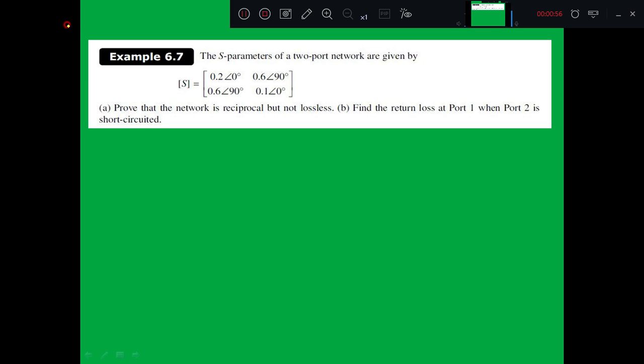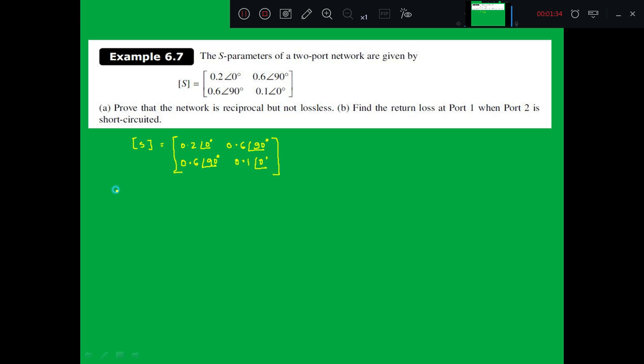So I will write down the S matrix once again. The matrix given is 0.2 with phase angle 0, 0.6 with 90 degrees, 0.6 with 90 degrees and 0.1 with 0 degree. So this is my S matrix.